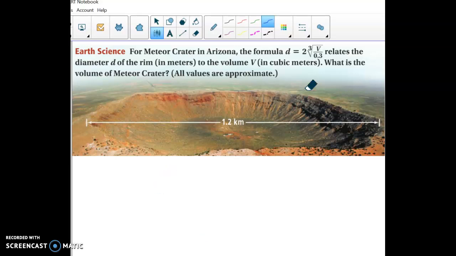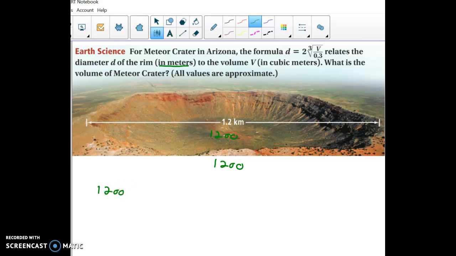So basically, we have two variables in an equation, d and v, and they give us the diameter. They say that's 1.2 kilometers. Oh, except to make this fun, this is in meters. So 1.2 kilometers, if you times it by 1,000, that's 1,200 meters. So that's what we're going to use for D.